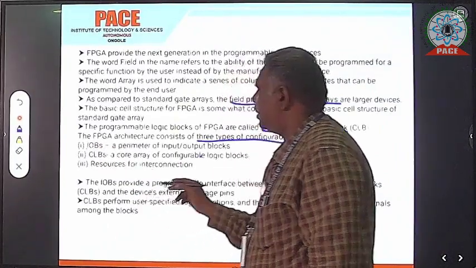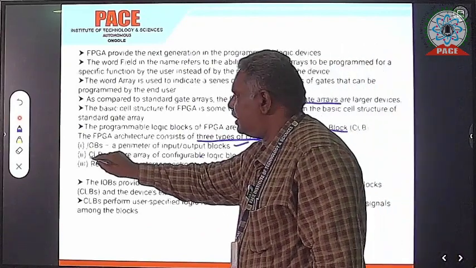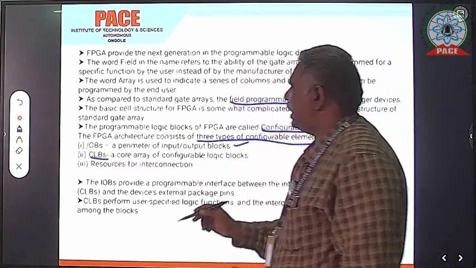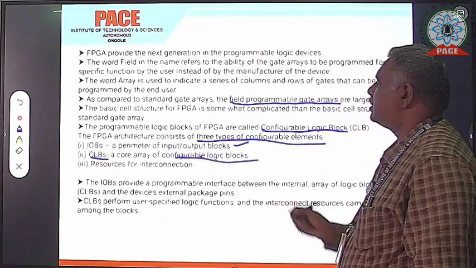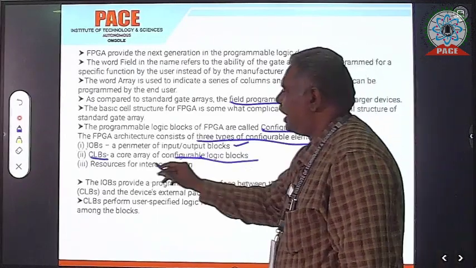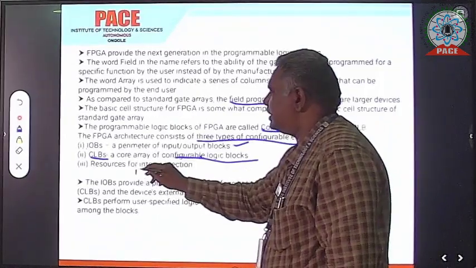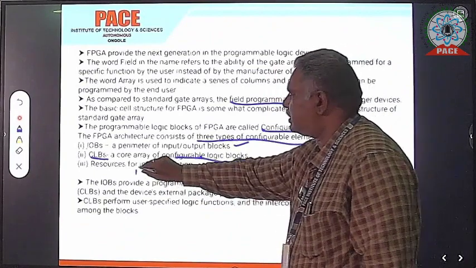CLB is a configurable logic block. And as we already discussed, the third one is called interconnections. These three are very important in FPGA technology.